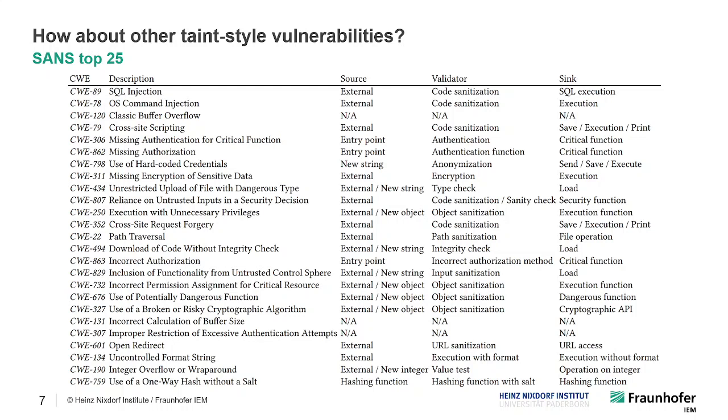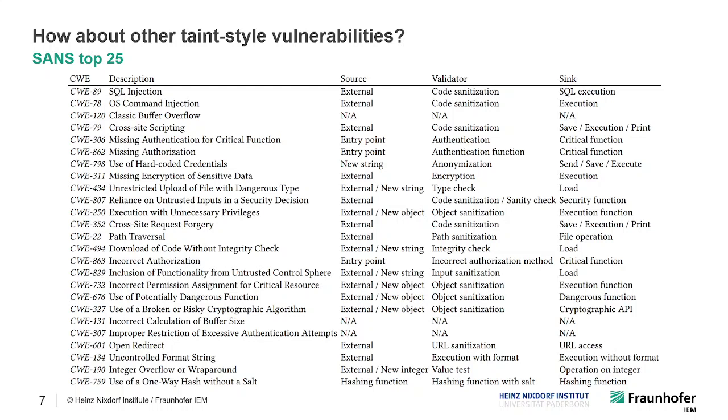And then these are examples of how a source, a validator, and a sink can be defined in order to detect this security vulnerability. As you see, most of these vulnerabilities can be to some extent modeled as a taint analysis, or sometimes will require a type state analysis.